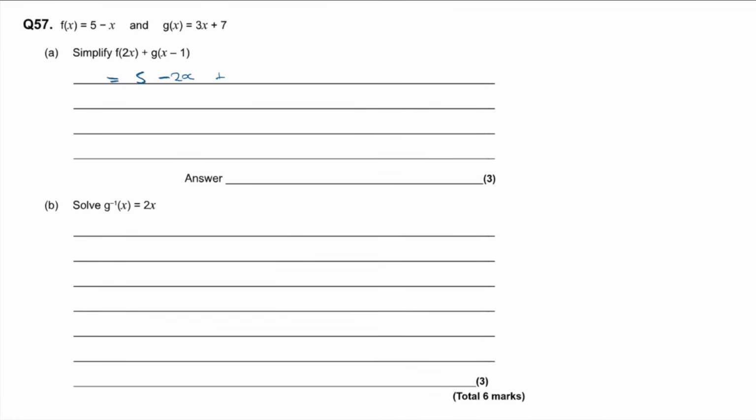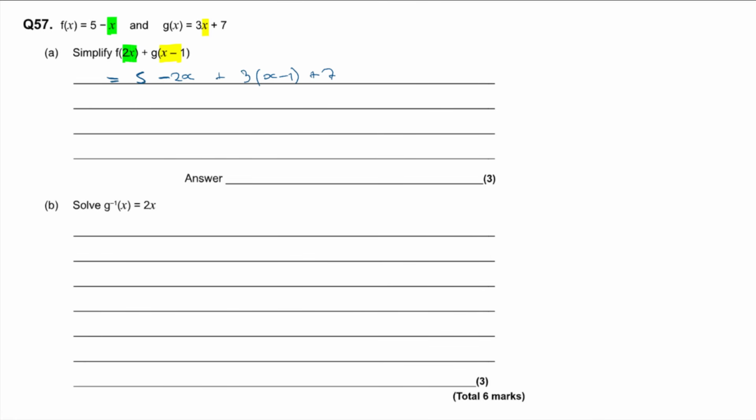And then plus g of x minus 1 is take x minus 1 and write it where the x is in g of x. So that's going to be plus 3 lots of x minus 1 plus 7. So I'm just taking that and putting it in there, and taking this and putting it in there. Okay, makes sense? Hope so.